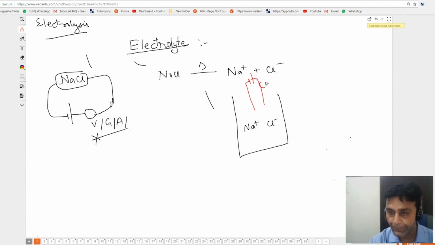These ions move towards the oppositely charged electrodes, negative ion towards positive and positive ion towards negative. Getting me? So this sodium chloride is a conductor in the molten state, but not in the solid state.